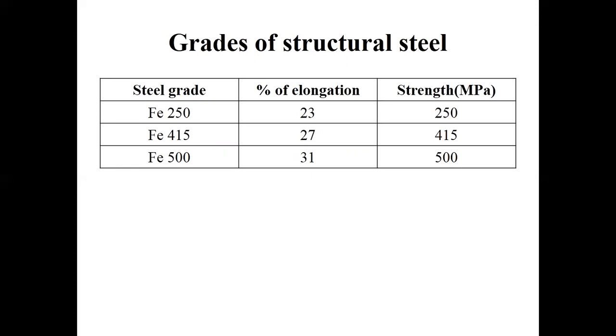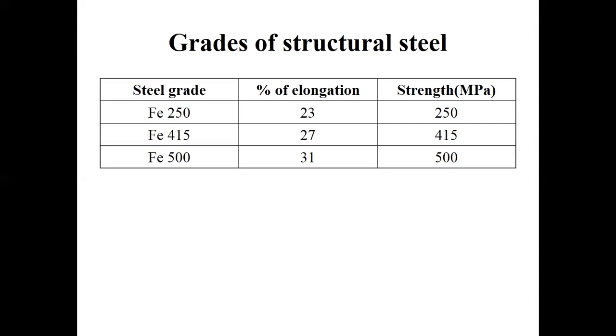Since it is a ductile material, the percentage of elongation of steel will be more than concrete. For mild steel, the percentage of elongation is 23%. For Fe415, it is 27%. For Fe500, it is 31%.